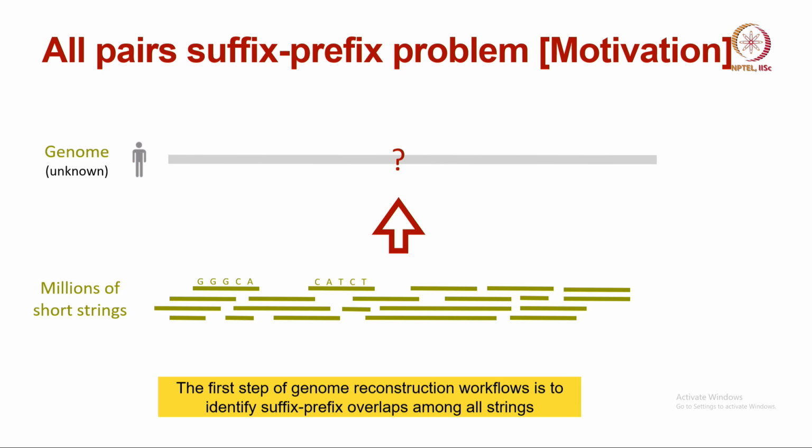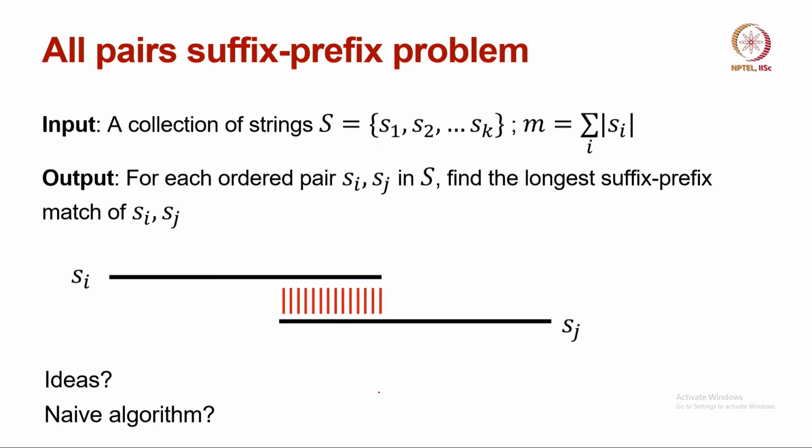Only then we can think about figuring out how these strings have to be combined together, so that I can recover back my original genome sequence. So, let us look back again at the suffix prefix overlap problem, where we are given these strings, and for each ordered pair I want to report the longest suffix prefix match.